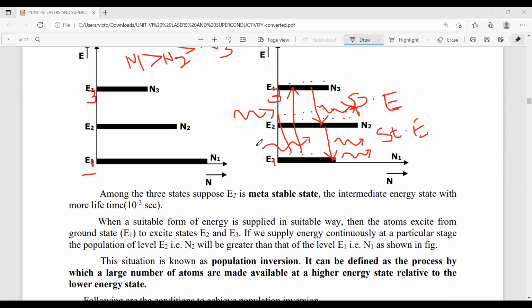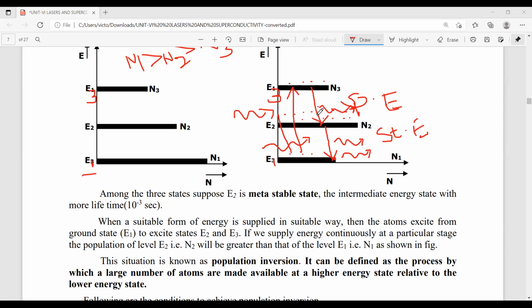But in this picture, by giving some extra energy, the atoms in the lower energy level absorb and jump to the third energy level. But at the third energy level, the atoms stay less time, so they easily jump from E3 to E2 level.